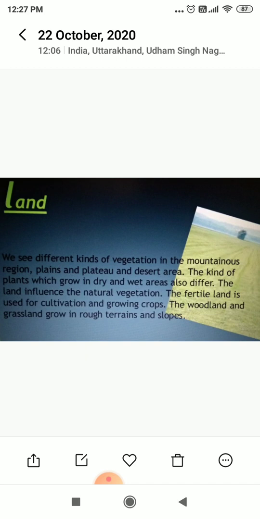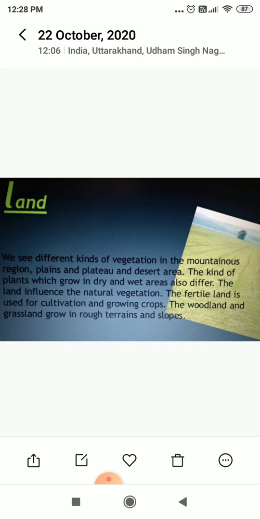We see different kinds of vegetation in mountainous regions, plains, plateaus, as well as in desert areas. The plants which grow in dry and wet areas also differ. Plants grown in dry areas cannot be grown in wet areas, and in the same way, plants grown in wet areas cannot be grown in dry areas. So land plays an important role in influencing natural vegetation.